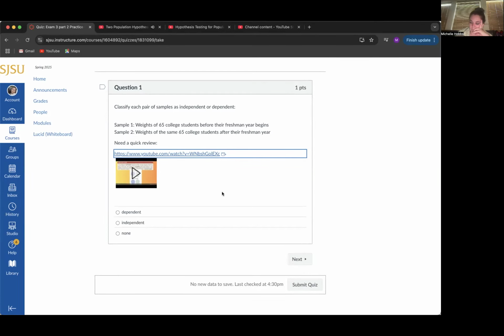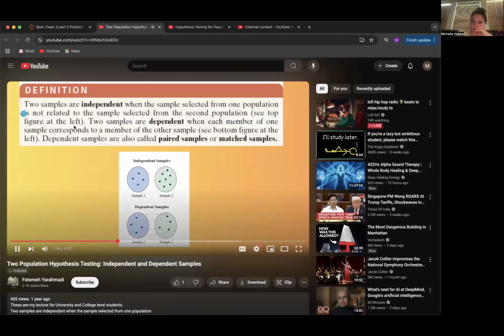Two samples are called independent when the sample selected from one population is not related to the sample selected from the second population.